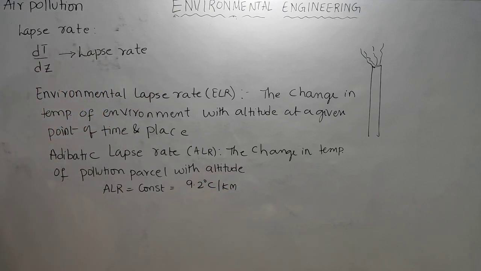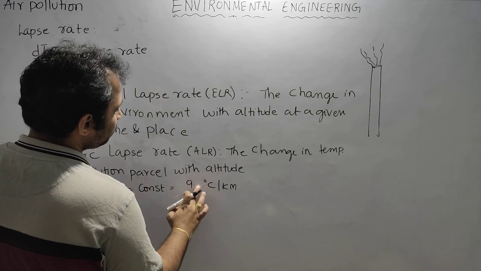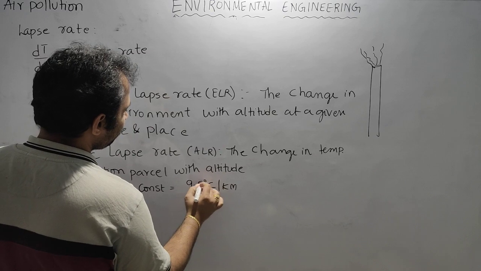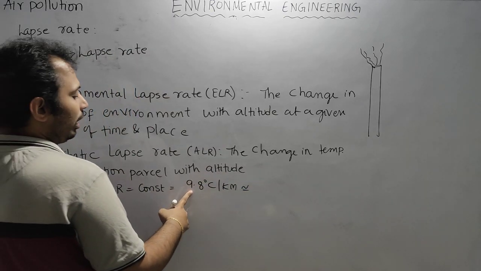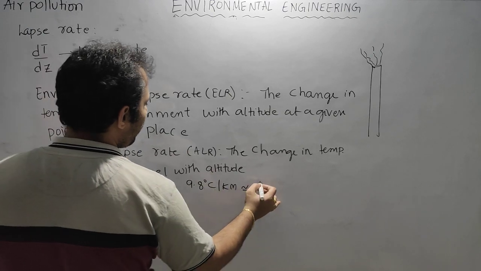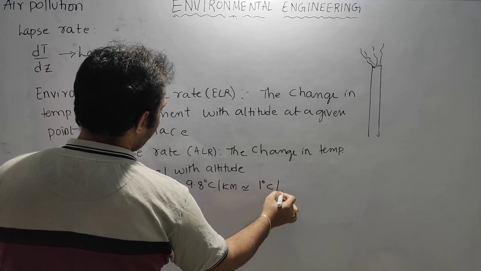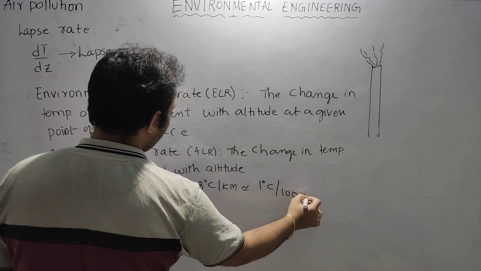For every kilometer there will be a lapse of 9.8 degrees centigrade. Approximately we can say 9.8 is 10 for 1000 meters. So 1 degree centigrade for every 100 meters approximately.